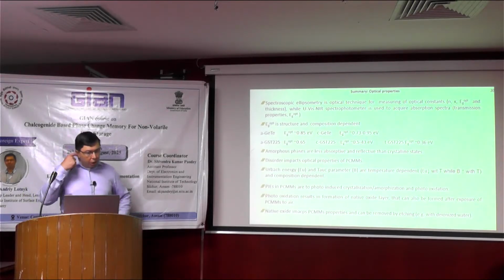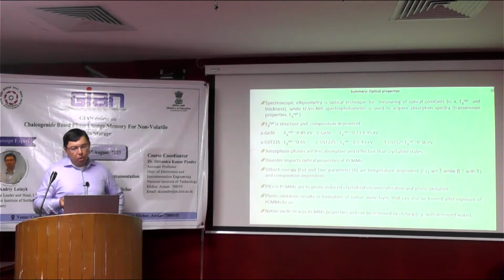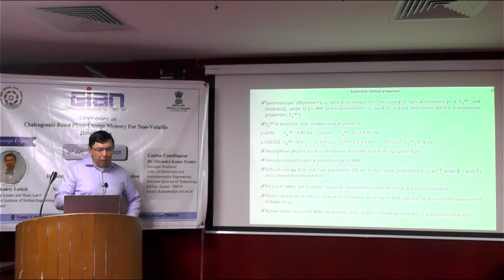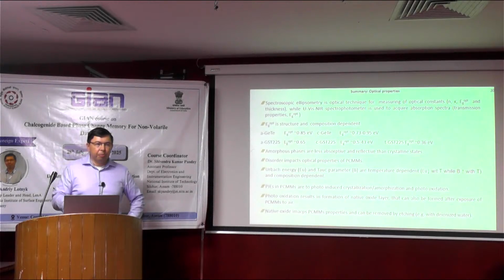Photooxidation results in the formation of an oxide layer, which can also be formed after exposure of PCM to air. And this native oxide can be removed by etching, for example, using deionized water.